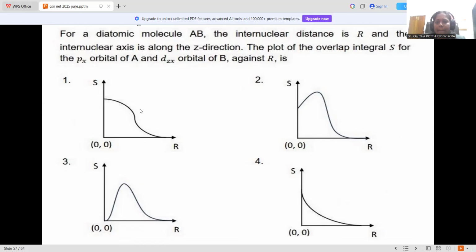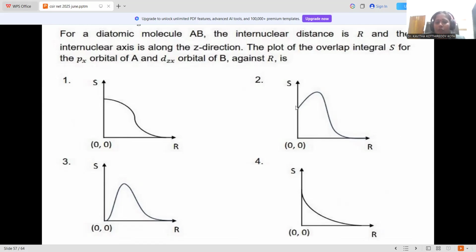The overlap integral is taken as S and R is the internuclear distance. In the first graph, the curve starts from a non-zero value of the overlap integral.